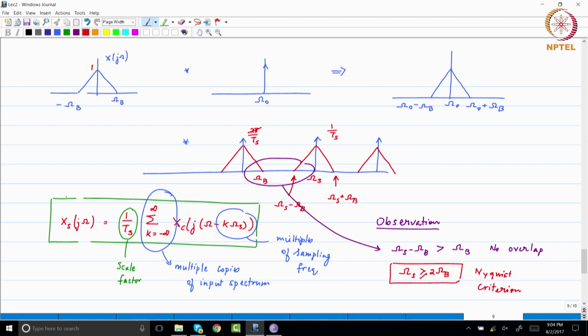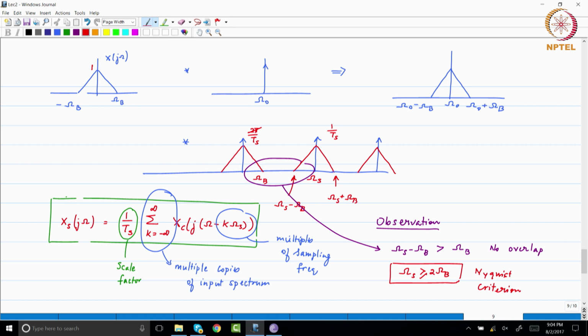Okay, one at a time. That is one. You have to be very careful about what is the value of the spectrum at that omega B. Okay, any other answer?